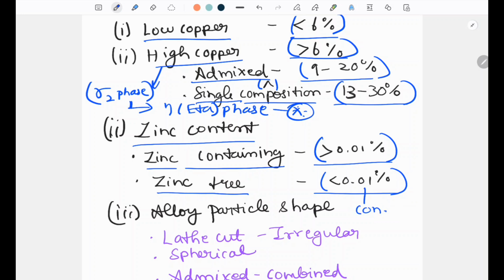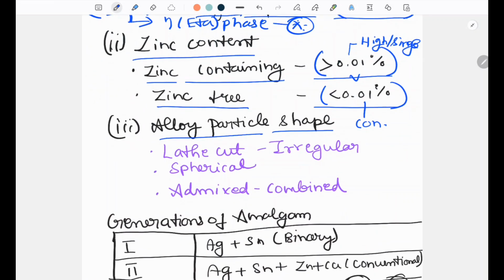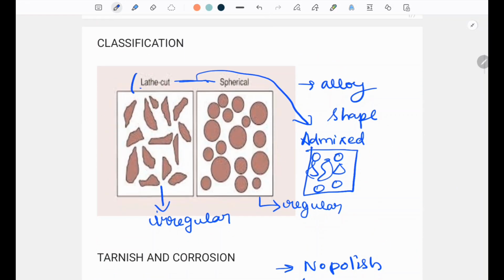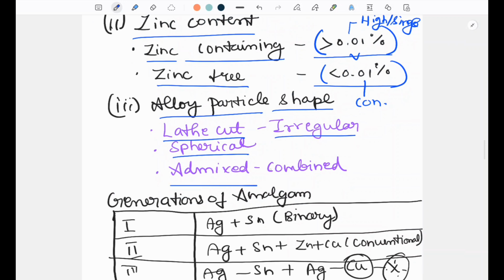Conventional alloys are zinc free, and zinc containing are high copper and single composition. Zinc containing is better than zinc free. Alloy particle shape: they have classified as lathe cut, spherical and admixed. We have seen in the diagram lathe cut, spherical, and admixed.